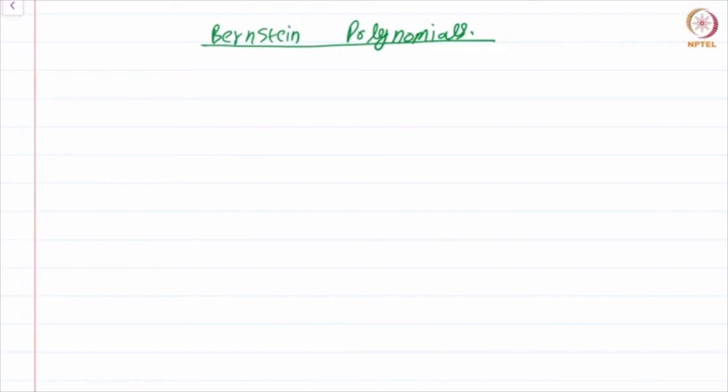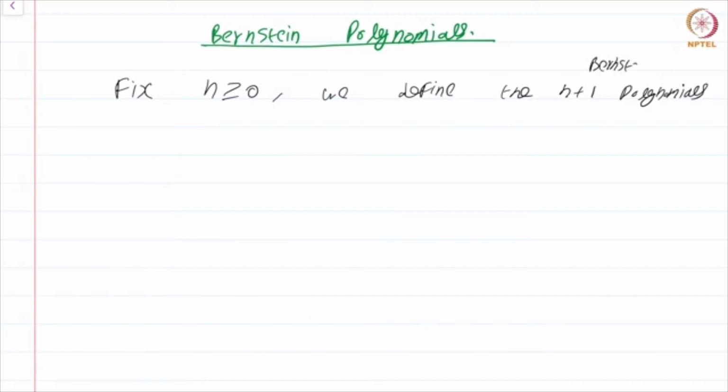So fix n greater than or equal to 0. We define the n plus 1 Bernstein polynomials of degree n.